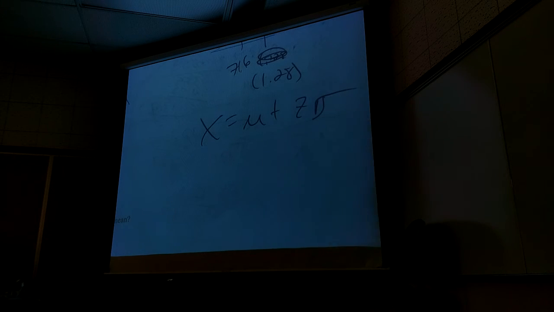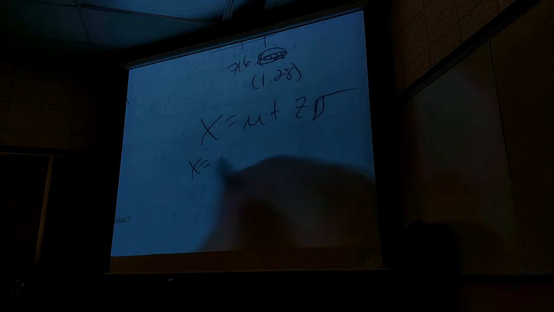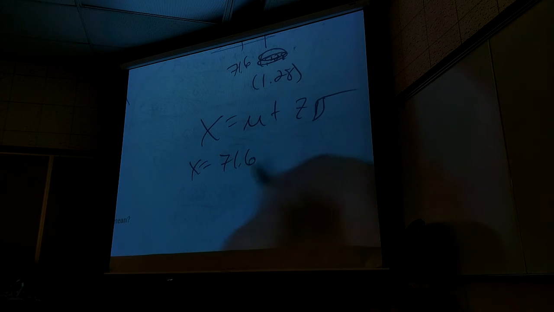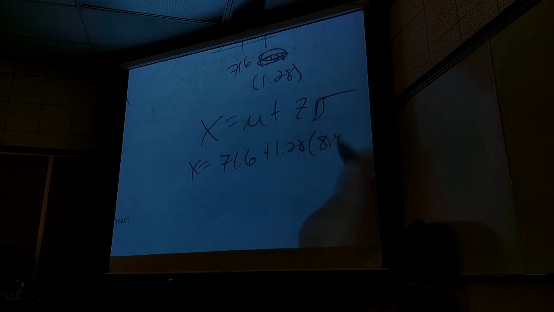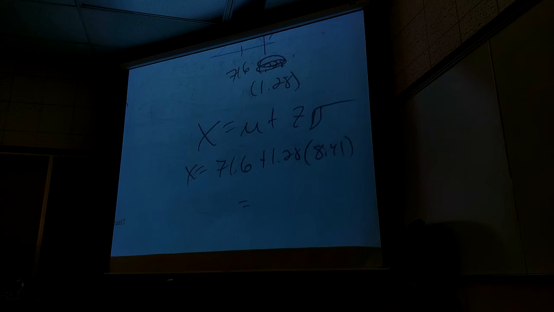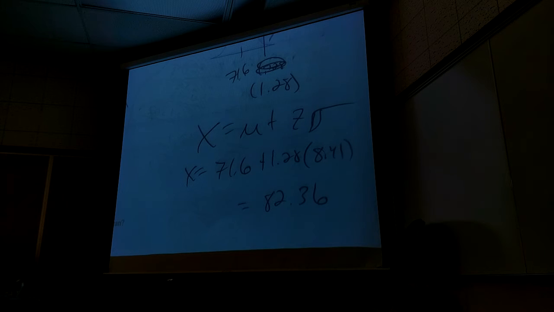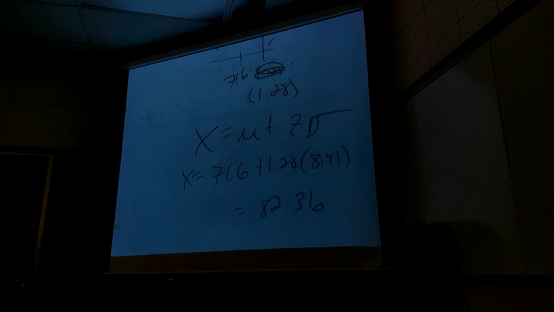That's the one that goes back to a raw score. 71.6 plus 1.28 times 8.41, and whatever that is, 82.36. So if somebody scored above that grade, they are in the 90th percentile at least. Top 10%.